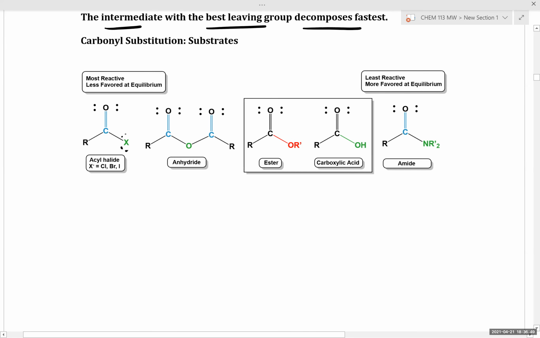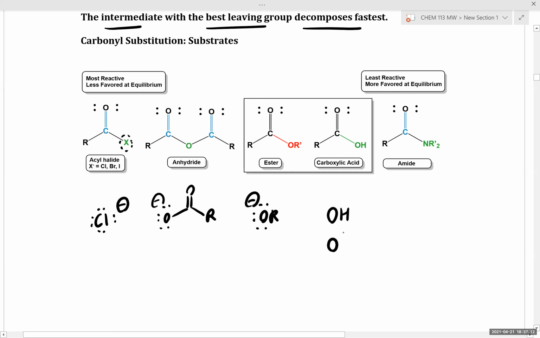To really help us understand what's going on here, if we look at our halide, so we have something like chloride. For the anhydride, our leaving group is the acetate ion. For an ester, we'd be kicking out an alkoxide. For a carboxylic acid, we'd be kicking out hydroxide or the O2 minus anion. And for amides, we'd be kicking out an amide anion.